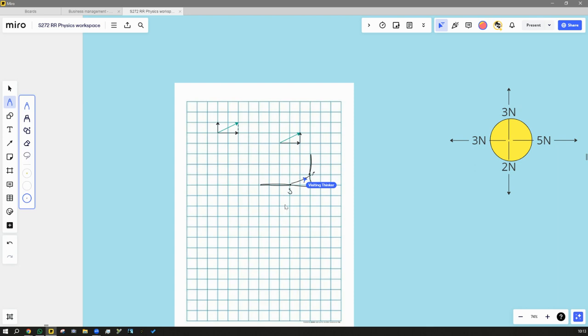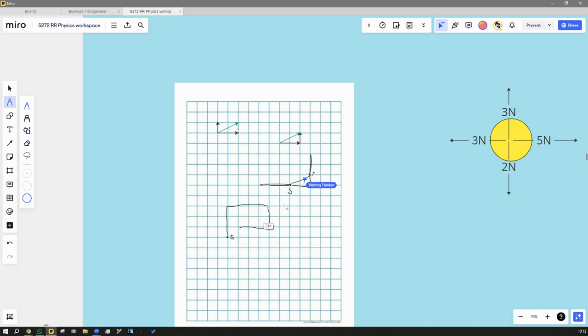If I imagine a similar situation, somebody has travelled, started here, so let's write S for start, and they travelled 3 meters north, they travelled 5 meters east, 2 meters south, and 3 meters. Must have made a calculation.